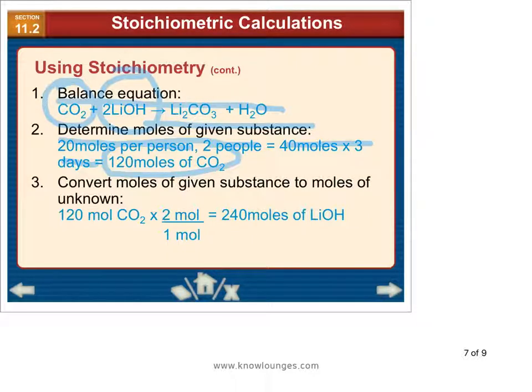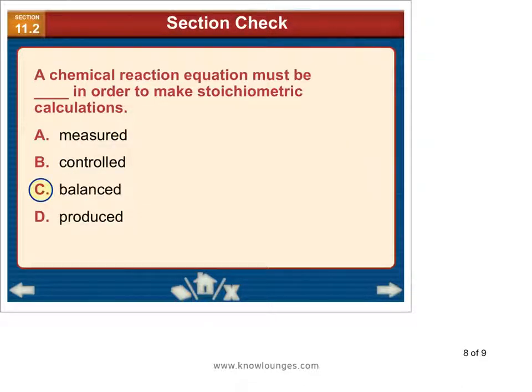But moles cancel the moles, and we do a little multiplying, and we get 120 times 2, 240 moles of LiOH. That's our basic process we'll be going through. Now, in the preceding problem, if we would have wanted grams, then we'd just use molar mass and switch it back to grams. And we will do a lot of practice on these in class.